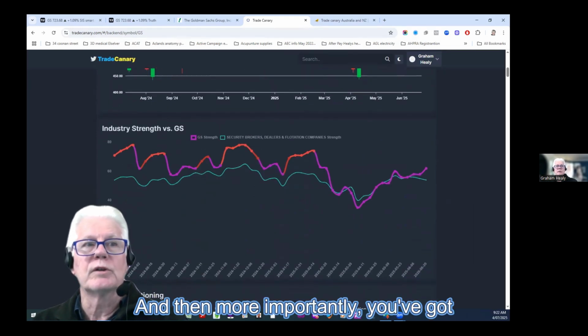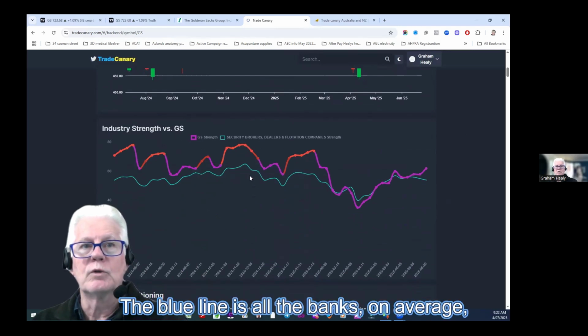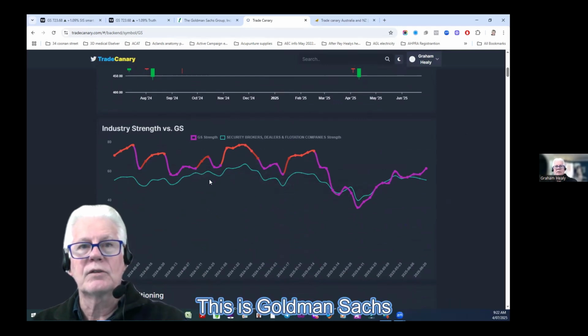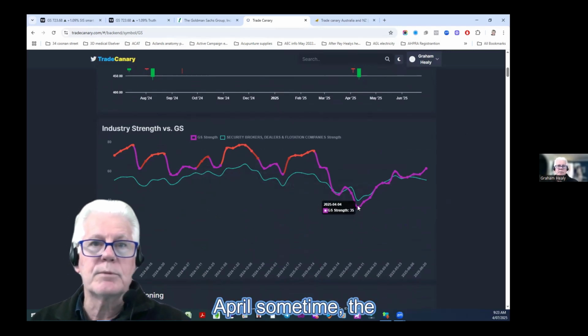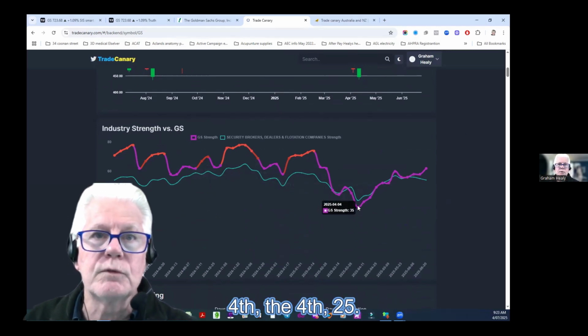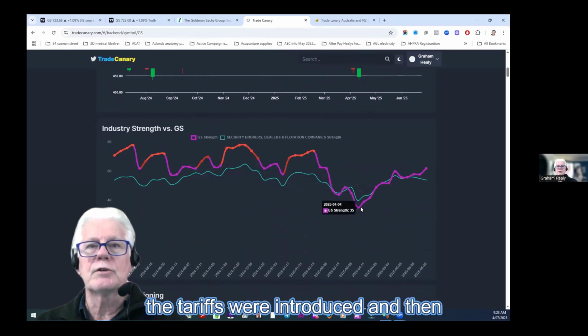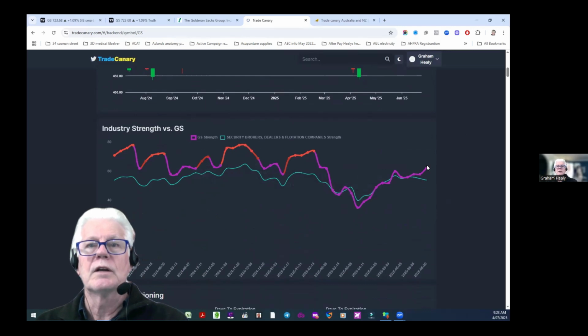And then more importantly, you've got the industry strength versus Goldman Sachs. The blue line is all the banks on average, where they're going over that particular year. This is Goldman Sachs, and it dropped here. This will be around about April sometime, yes, 4th 25. That's when the tariffs were introduced, and then suddenly it started to climb, and it's been climbing ever since.